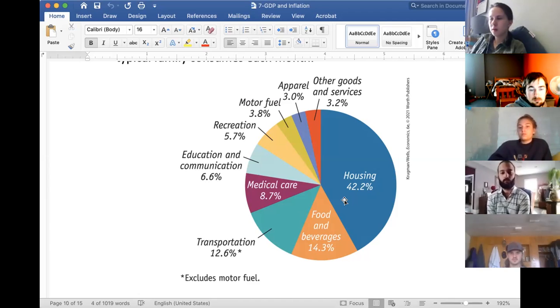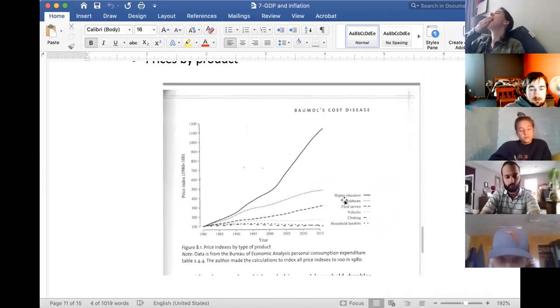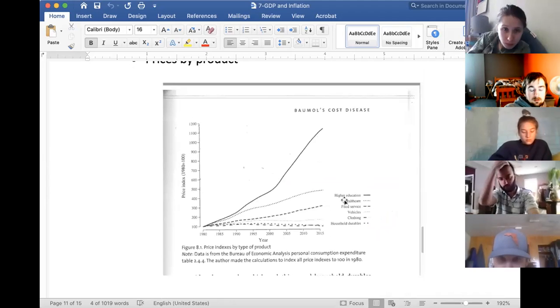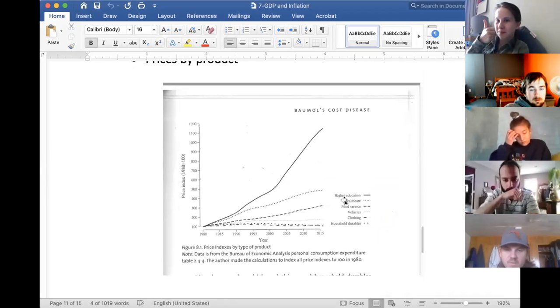But it is important to notice that not all of these things see the same kind of inflation over time. And if you can see this graph, this gives you an example of this. Unfortunately for you, what's the part of consumer spending that's gone up the most over time? Higher education.